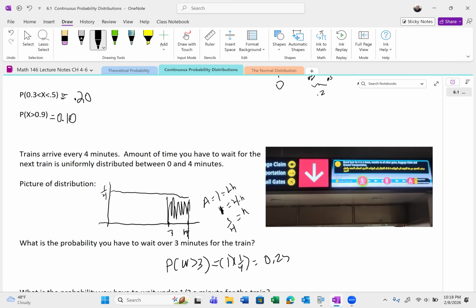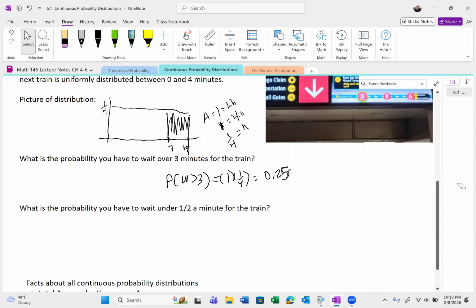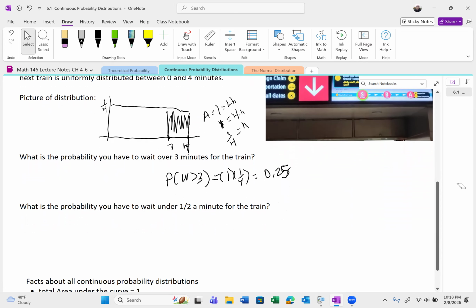So you have a 25% chance that you have to wait over 3 minutes for the train to arrive.